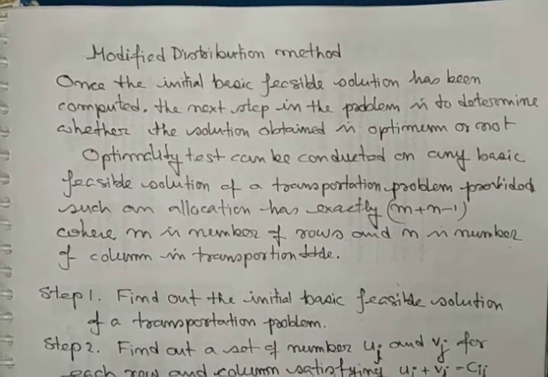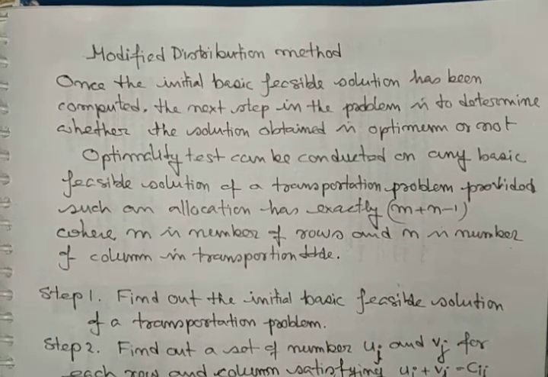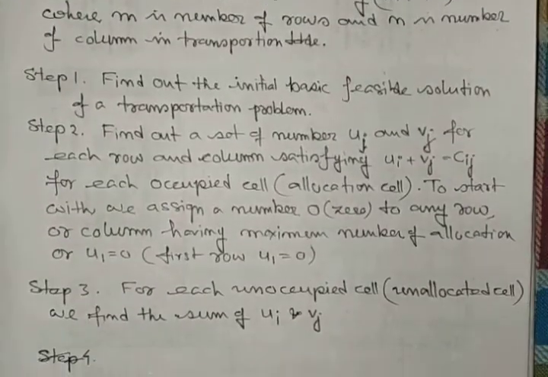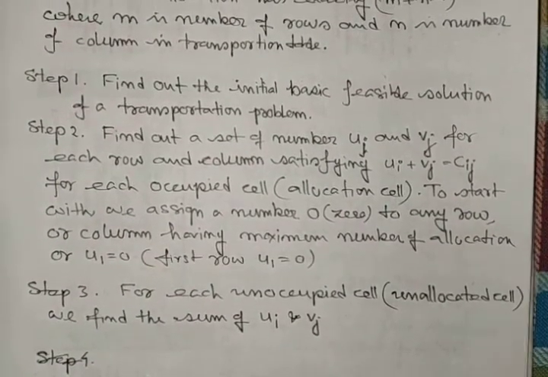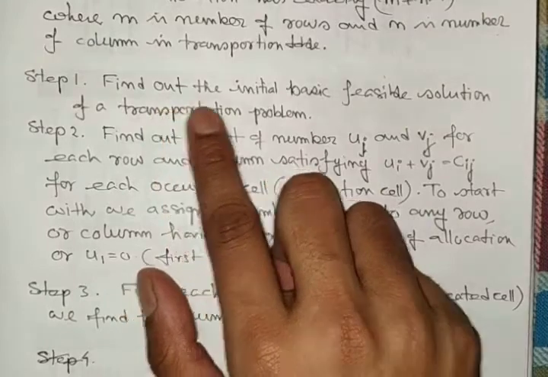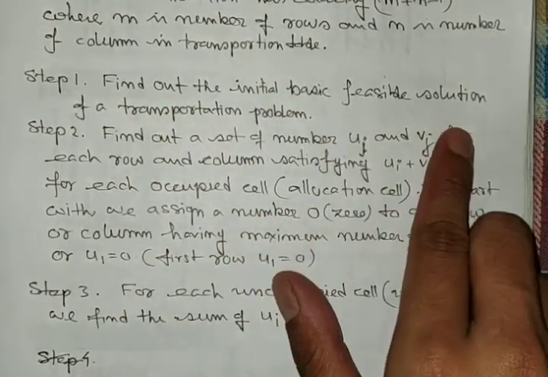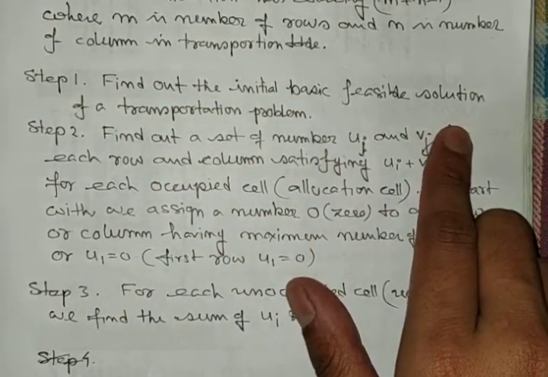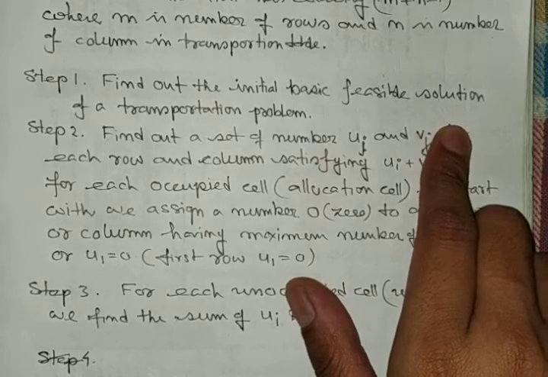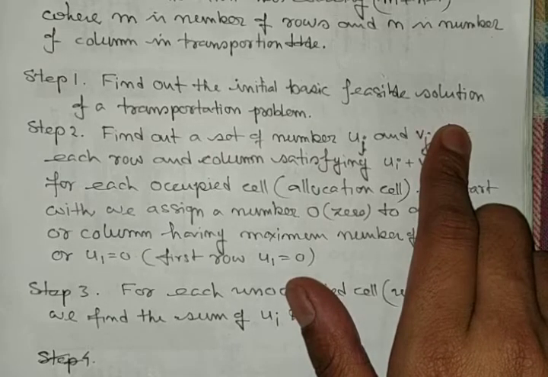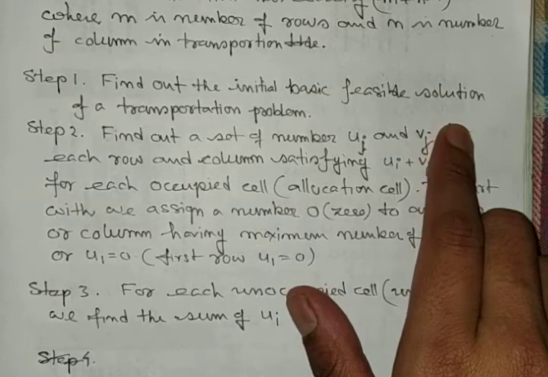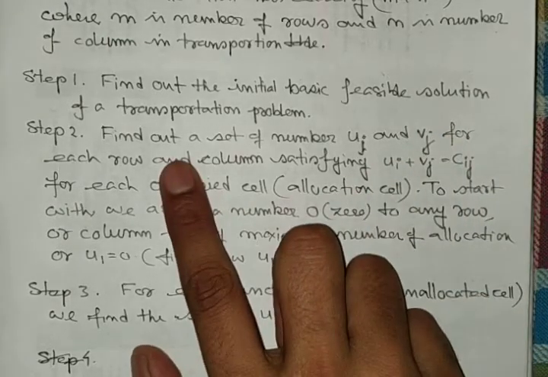So let's try to understand the steps involved in modified distribution method. Step 1. Find out the initial basic feasible solution of the transportation problem by using northwest corner rule, minimum cost method, or by using VAM. Step 2.